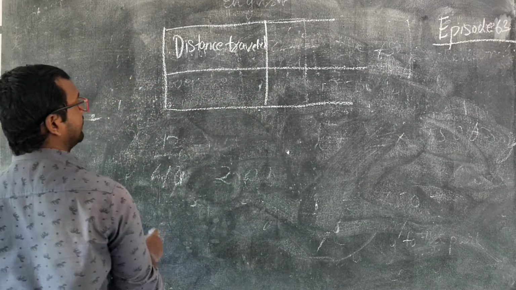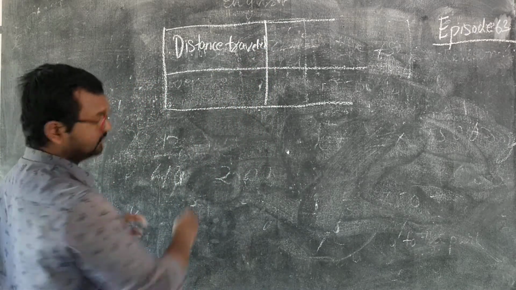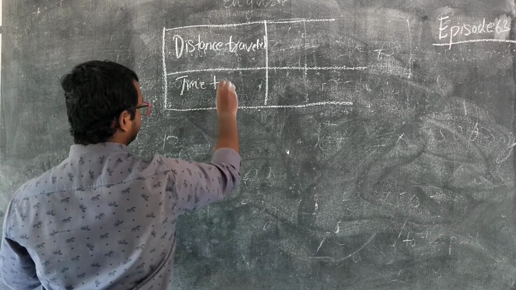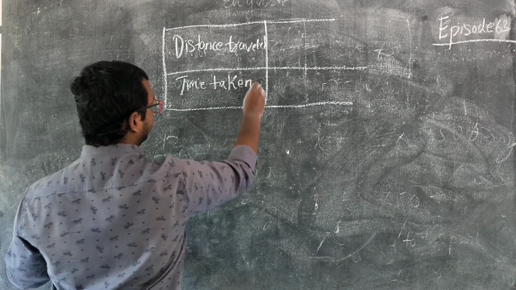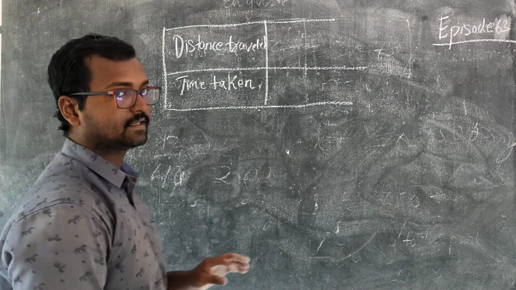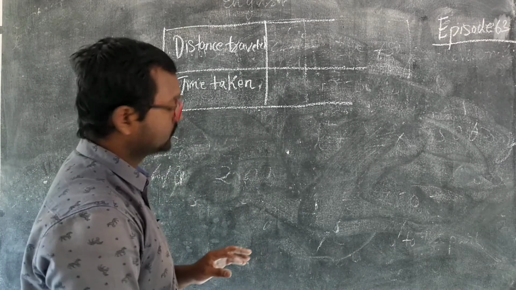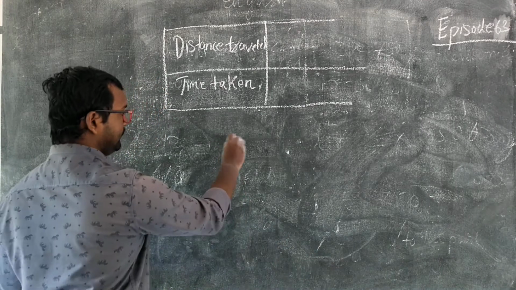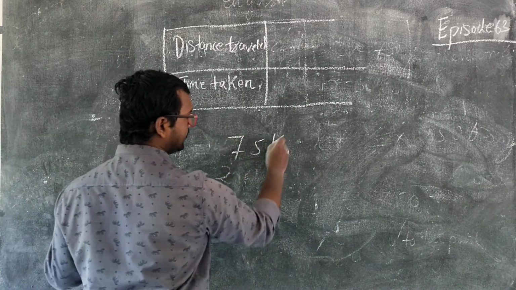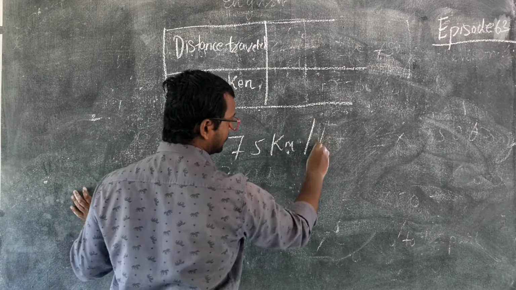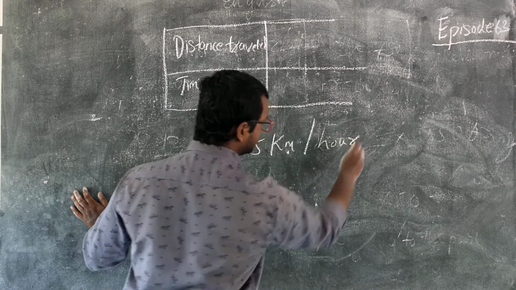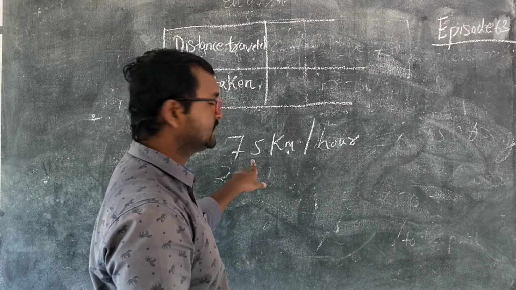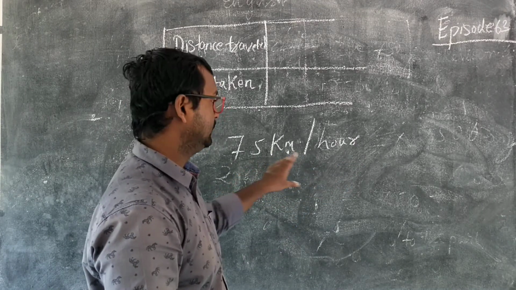This is distance traveled and this is time taken. Okay, distance traveled by time taken. So the question says 75 kilometers per hour, which means in 1 hour, which is 60 minutes, it is traveling 75 kilometers.